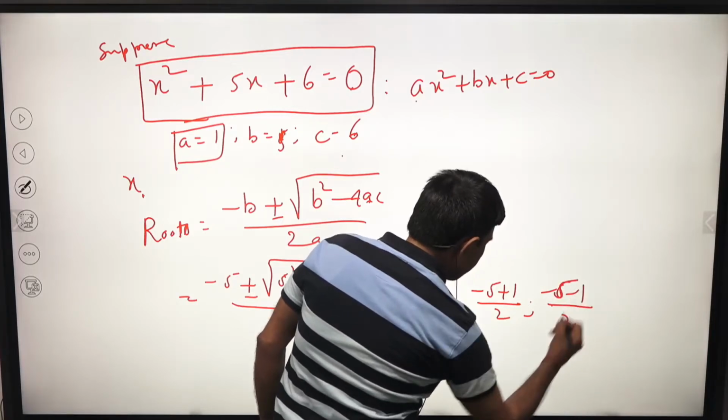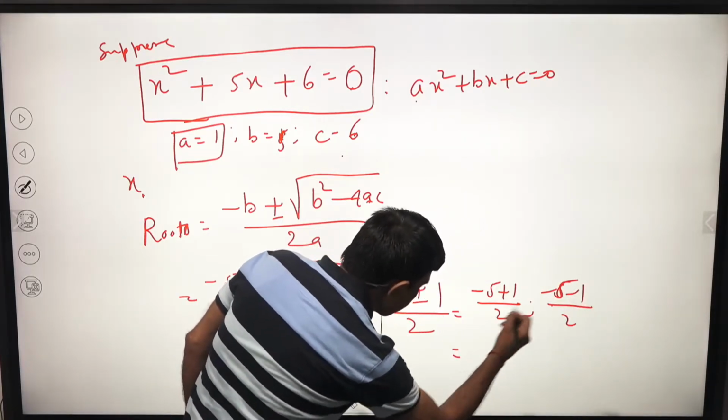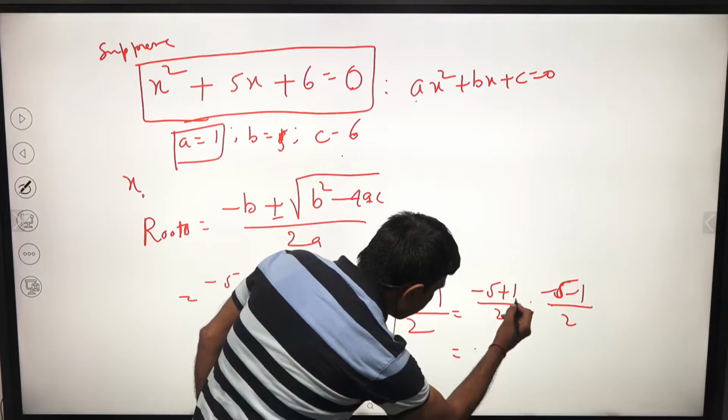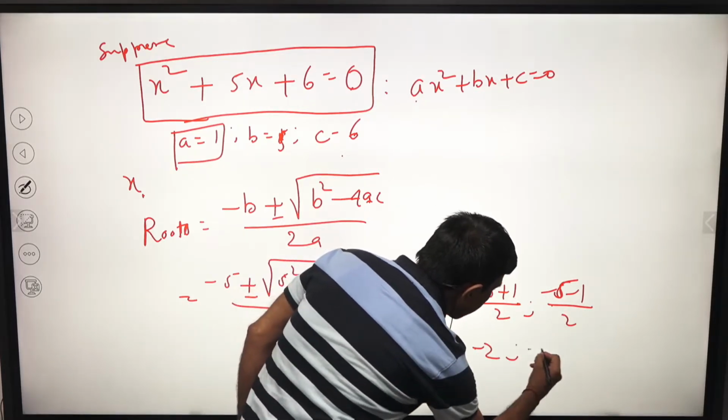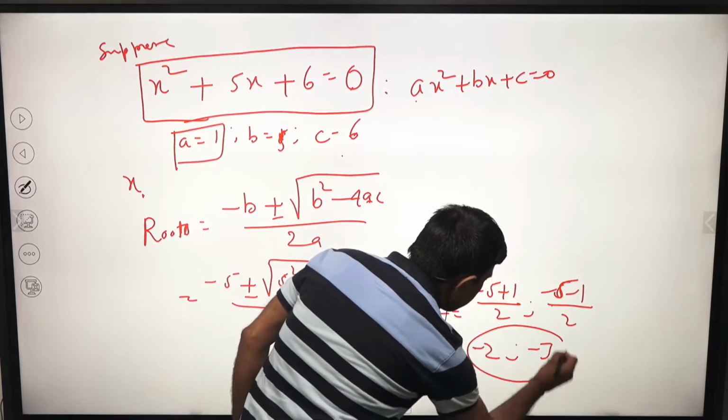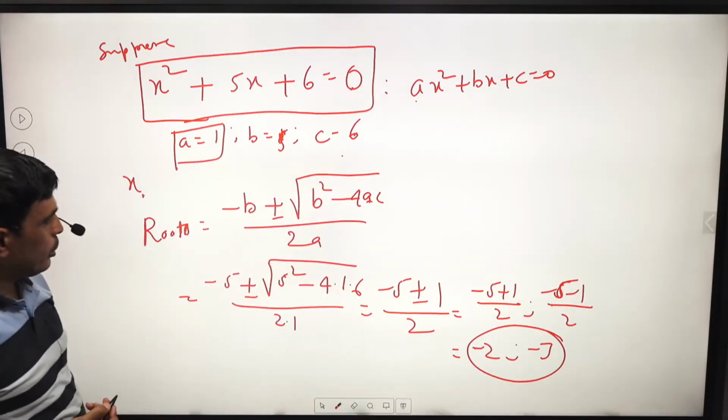Adding, we get 4 divided by 2, that means minus 2, and here it is minus 3. These are the roots of the quadratic equation.